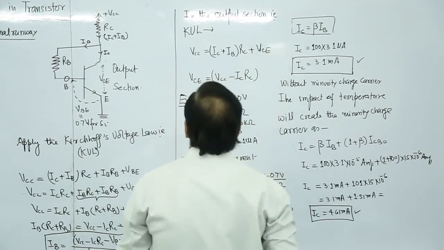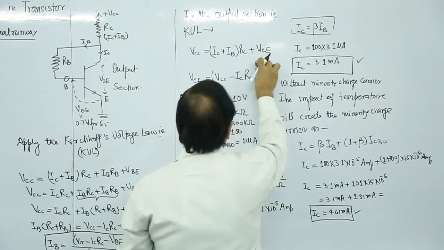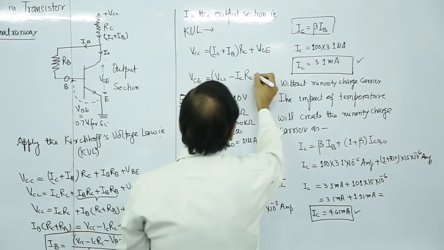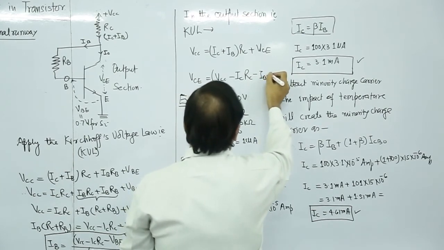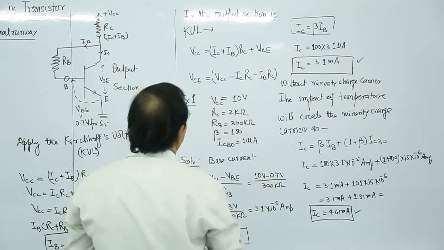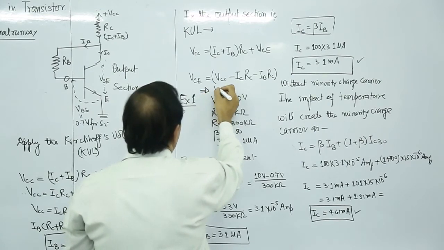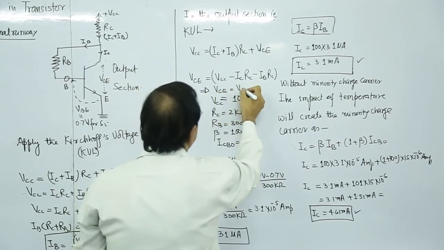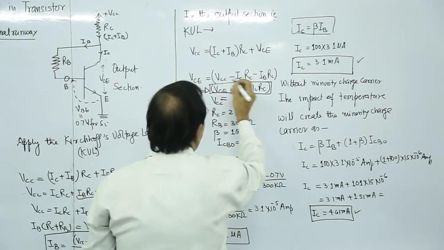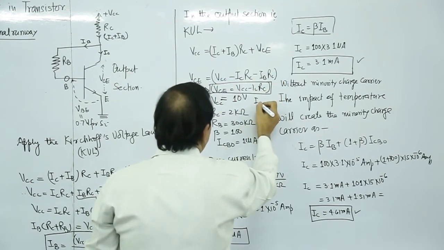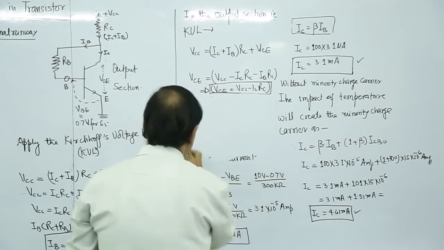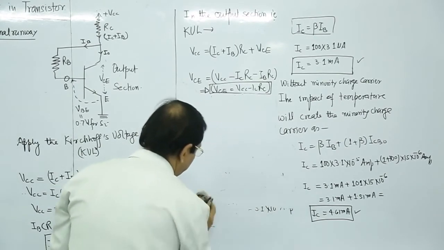VCE. So VCE is equal to VCC minus IB RC, which is equal to VCC minus ICRC, because this IC is very, very large in comparison to the IB.